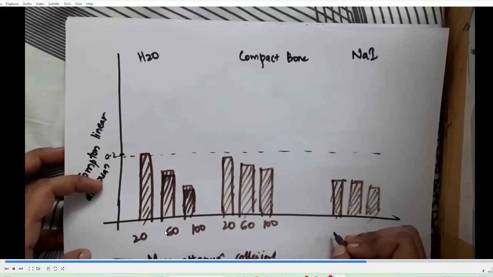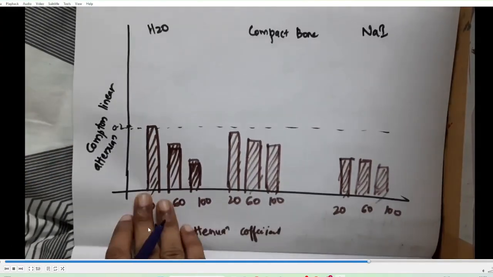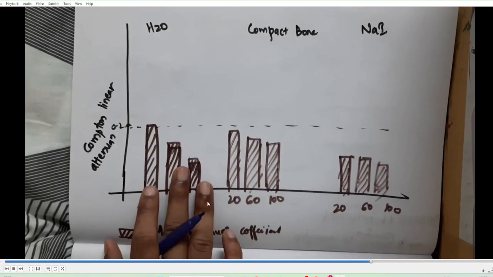As the energy of the beam increases from 20 to 100, the Compton linear attenuation coefficient for water will decrease, whereas the Compton linear attenuation coefficient for bone decreases about 20%.